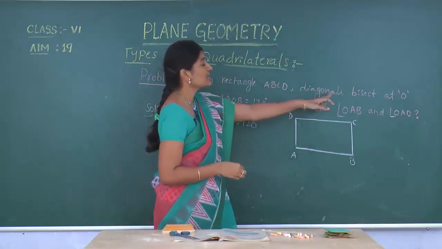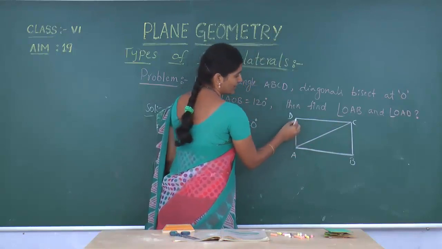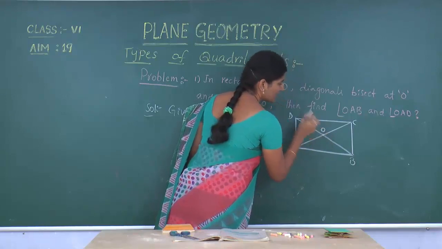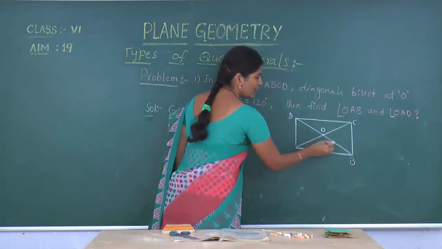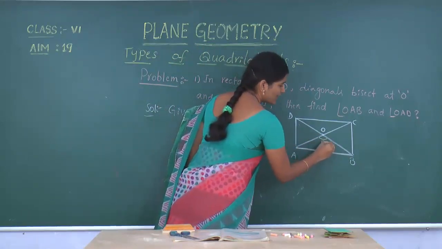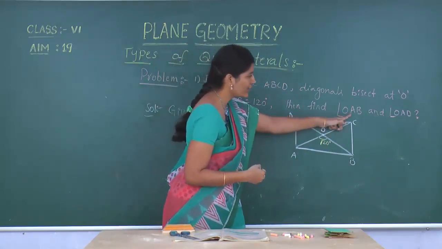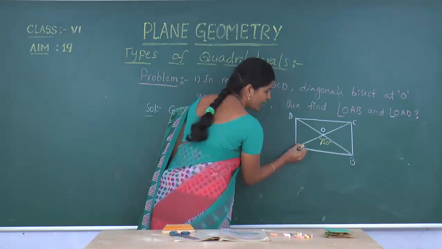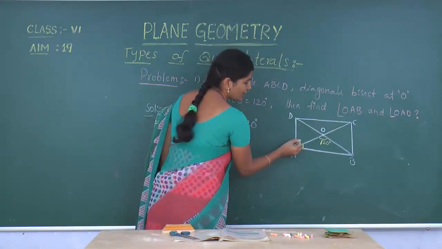And they have given diagonals bisect at O, so I should draw the diagonals now. This is the diagonal AC. This is the diagonal BD. They are bisecting at O. And they have given angle AOB is 120 degrees, which means here it is 120 degrees. Now my task is to find angle OAB and angle OAD. OAB means this angle I have to find, and OAD means this angle I should also find.